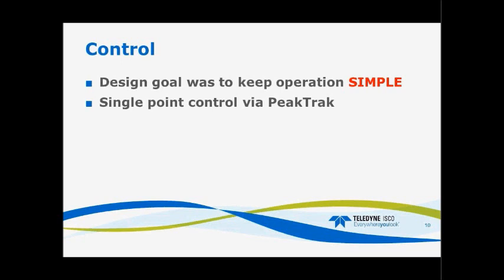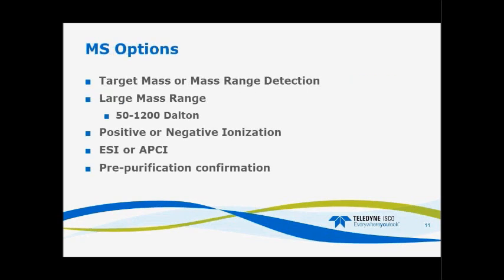So it's programmed very similar to UV detectors. Some of the mass spec options that the user can select from are, as we mentioned earlier, between target mass or mass range detection.